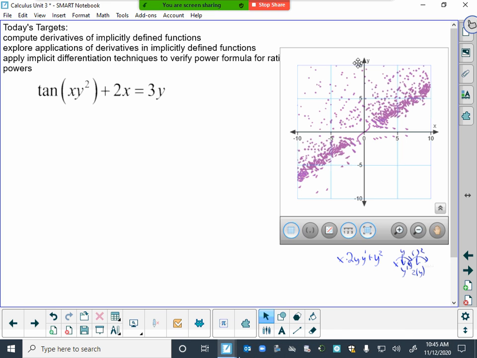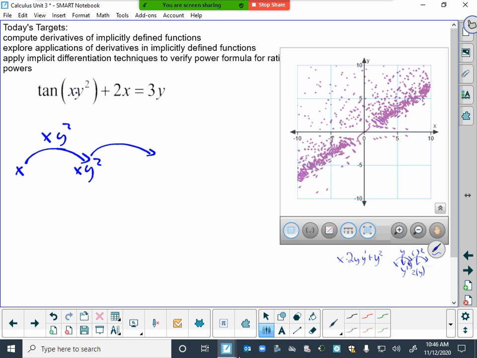So let's take a look at the derivative here, because there's several things that are going on. And the way that I would represent this, first of all, inside of this tangent function, I've got a product. Not really a clean way to do that, other than to say, okay, I got an x times y squared.